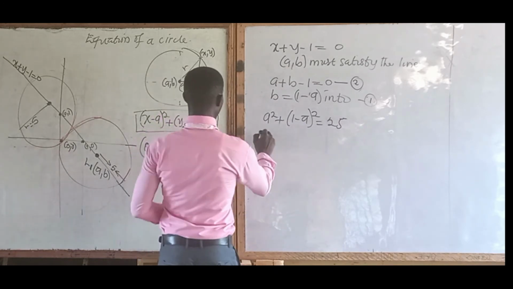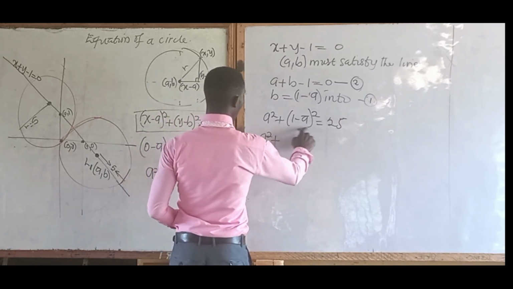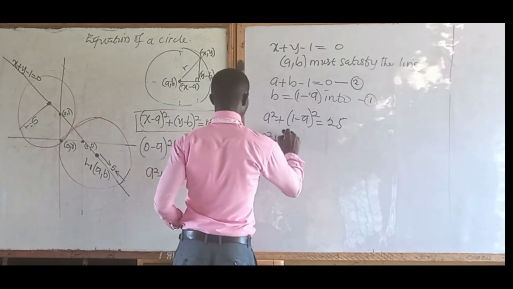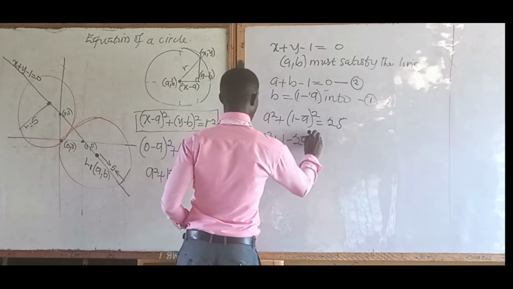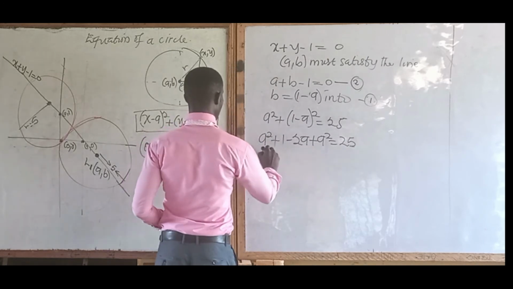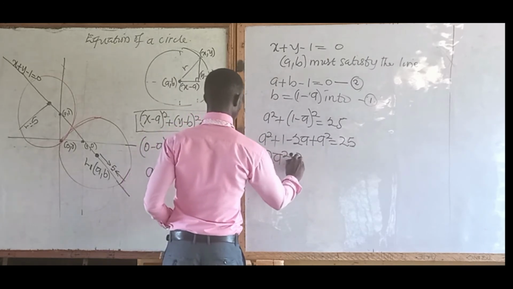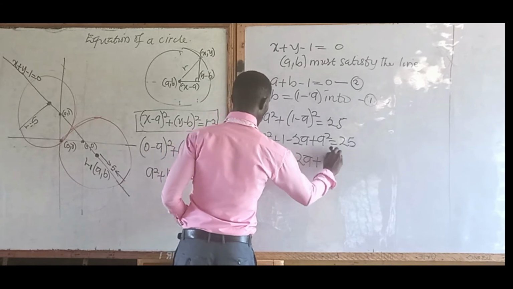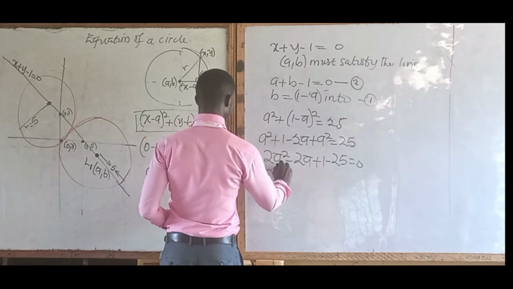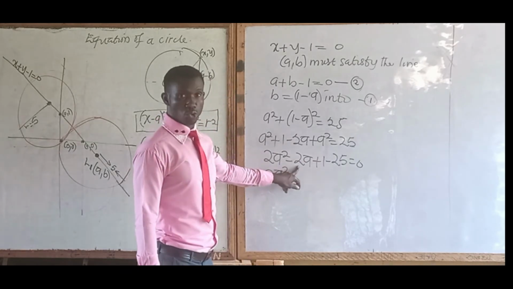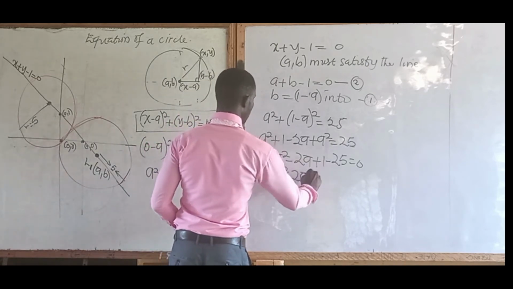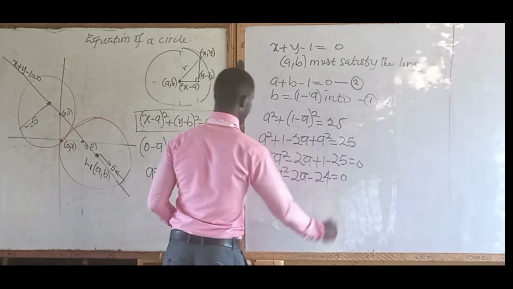Now we shall have a squared plus, simplifying this, a square of binomial: 1 minus 2a plus a squared is equal to 25. a squared plus a squared will give us 2a squared, minus 2a, plus 1 minus 25, which is minus 24, is equal to 0.